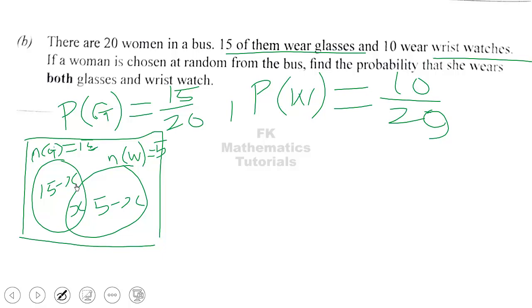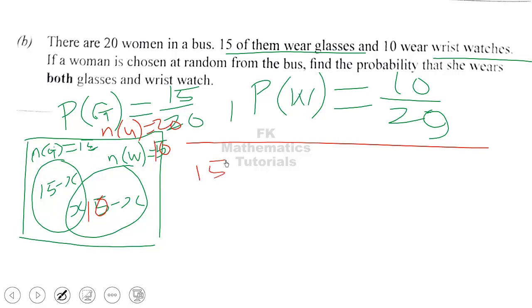Now if I add all of them, I should get the total number of women, the universal set, which is 20.